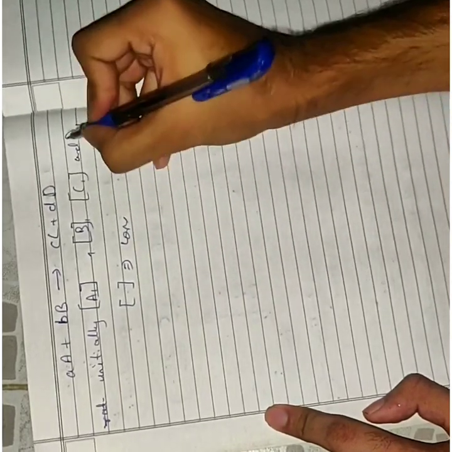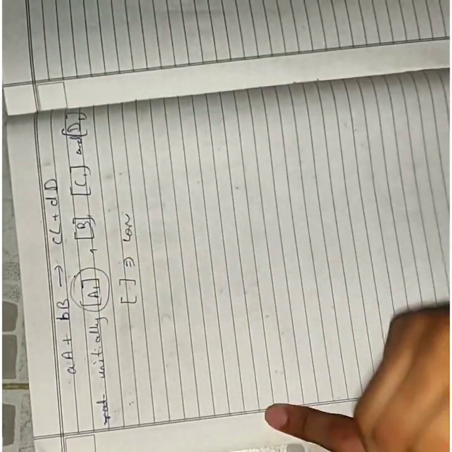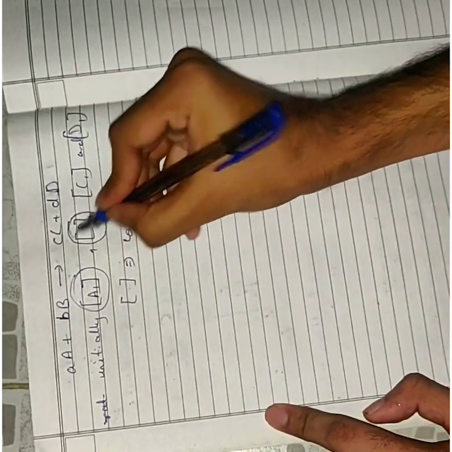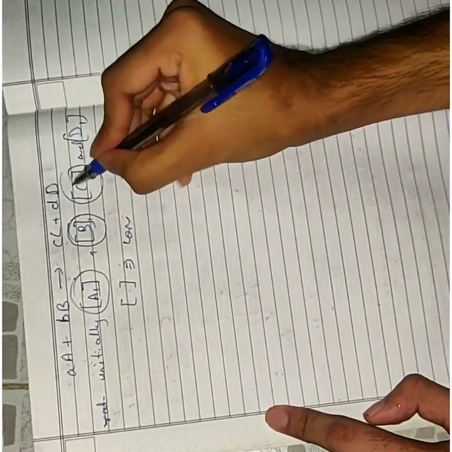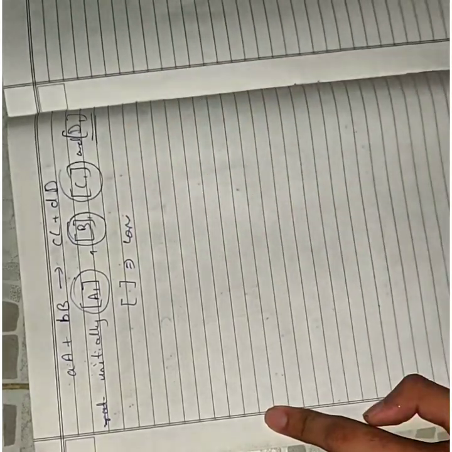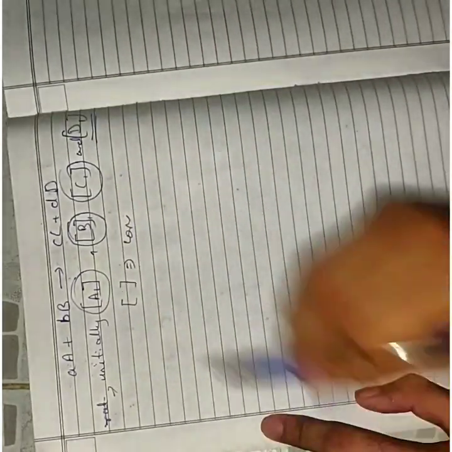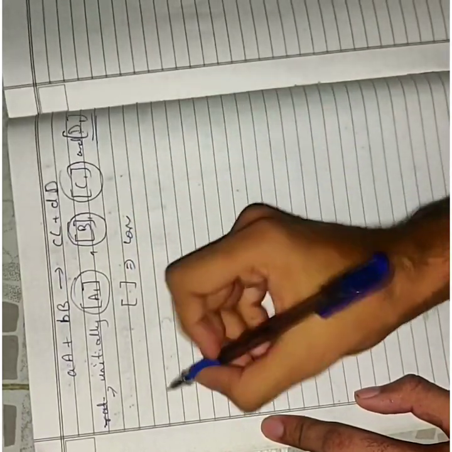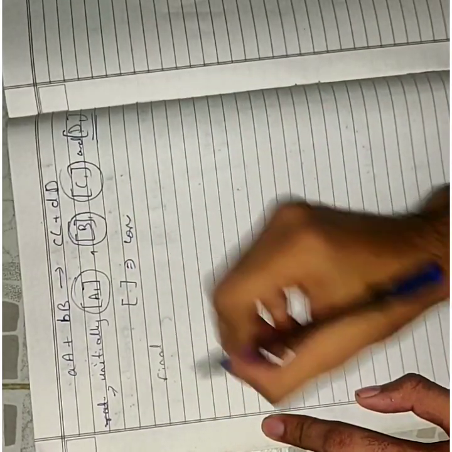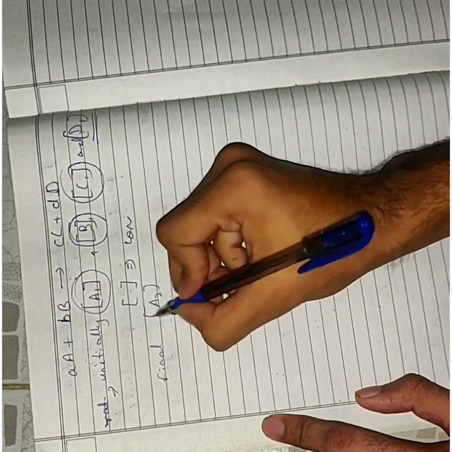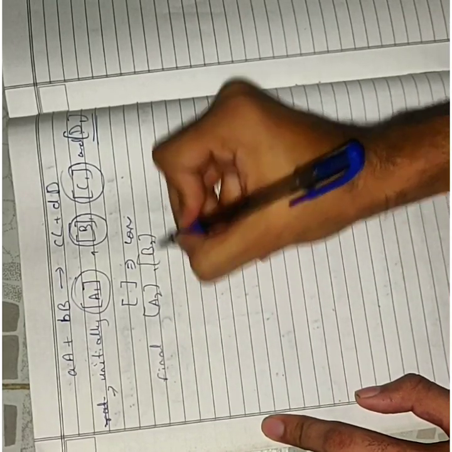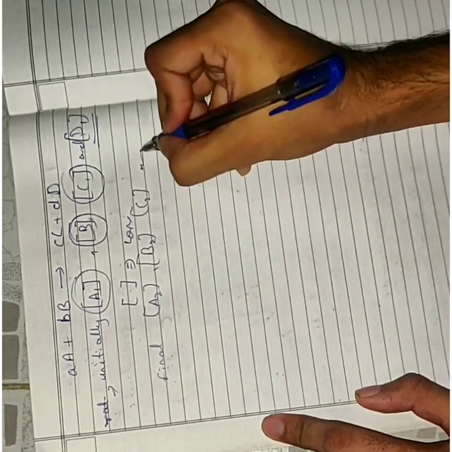So this is read as concentration of A, this is read as concentration of B, this will be read as concentration of C, whereas this will be read as concentration of D. Right. So let us take the initial concentration as A1, B1, C1 and D1 and final concentration as A2, B2, C2 and D2.